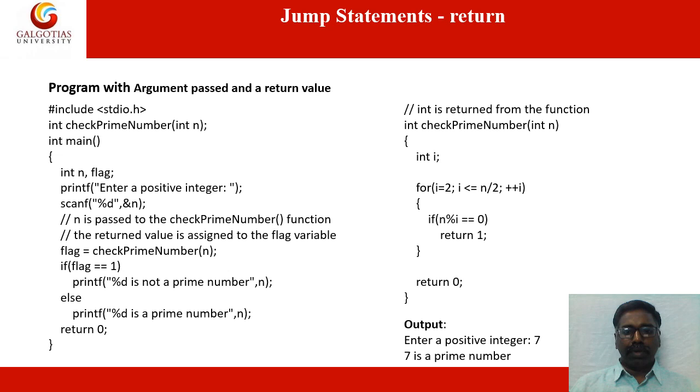The number is modulo divided by each and every number, and the flag is set. This flag is returned by means of return 1 or return 0. So this is the meaning of the return value. This return value is stored in the flag, and then this flag is checked to decide whether to display prime or not.